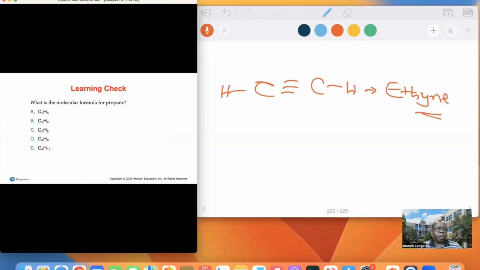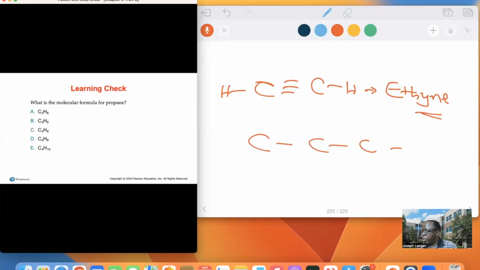What is the molecular formula for propane? You need to learn how to name the hydrocarbons. Propane means three carbons. You start building the molecule with the backbone, the long chain. This is propane.